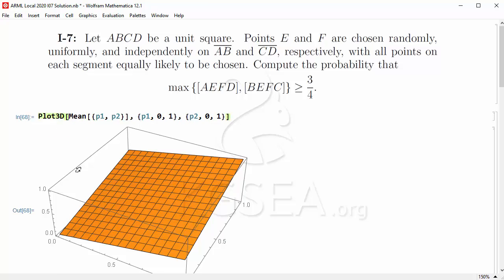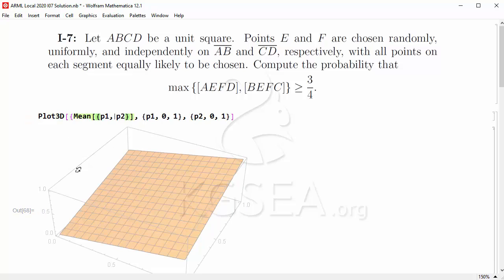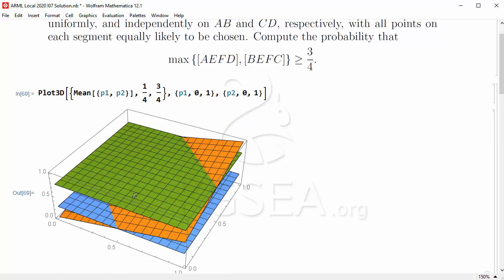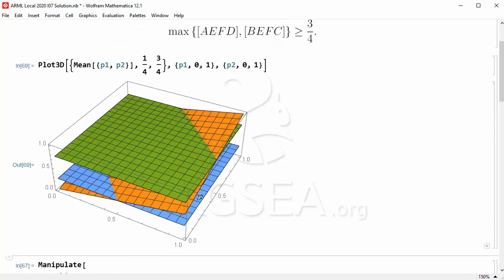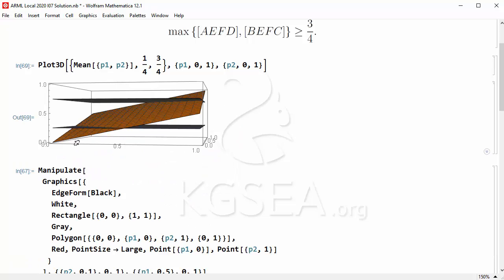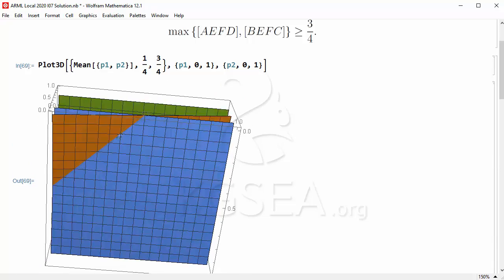In which I want to see when the area is either less than 1/4 or higher than 3/4, so that I can compare them. I did this here. So I want either this area or this area, right?